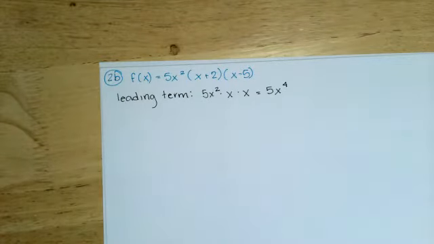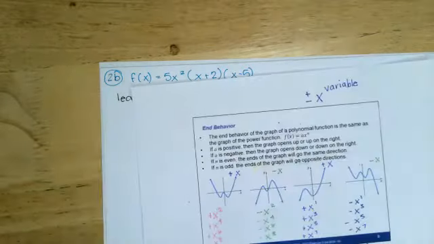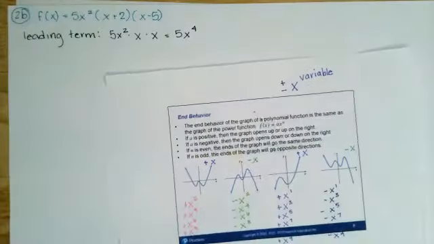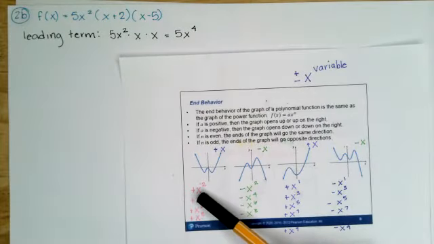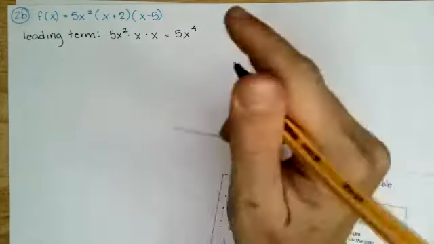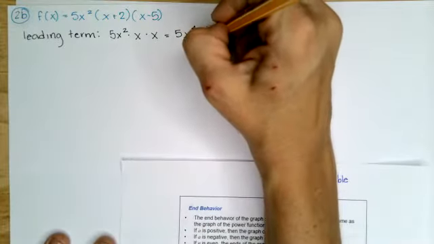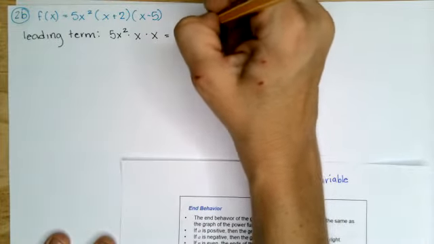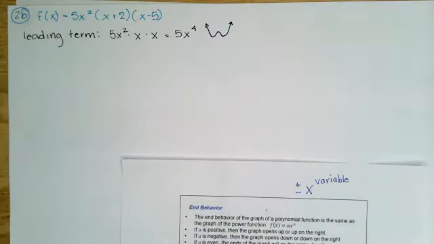When you look at 5x to the 4th, that's a positive x to an even exponent. So it's going to be going up on the left and going up on the right.